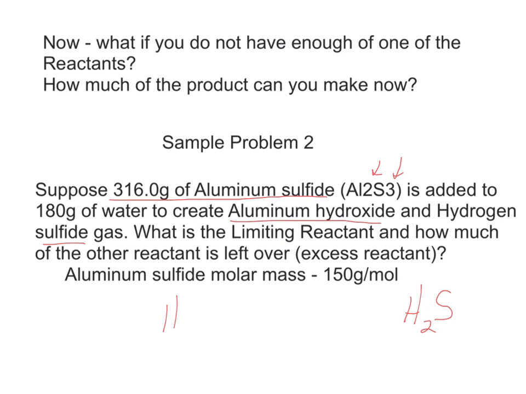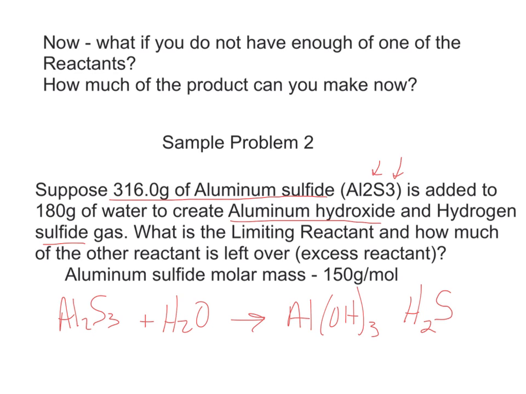I know that water is H2O. My aluminum sulfide is going to look like this. And that's going to mean that I'm going to have to then create whatever's left, which is going to be aluminum hydroxide. And due to the oxidation numbers, this is what it would look like here.